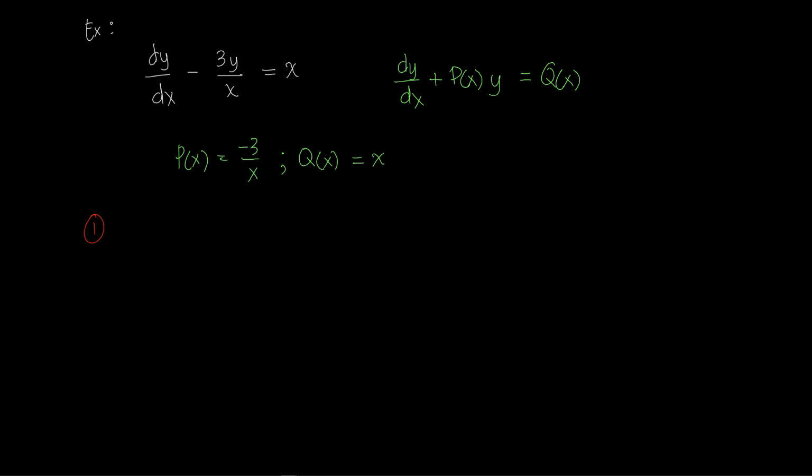Step 1. Step 1 is always the same: y is equal to uv. And what's the counterpart of this?